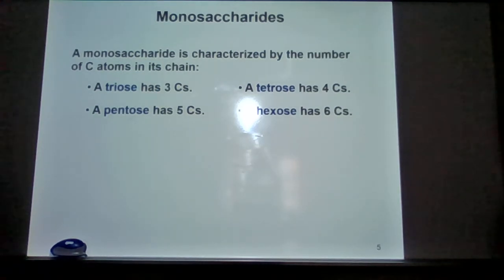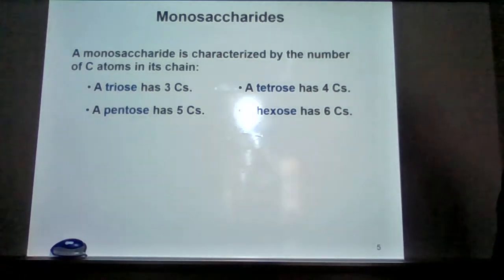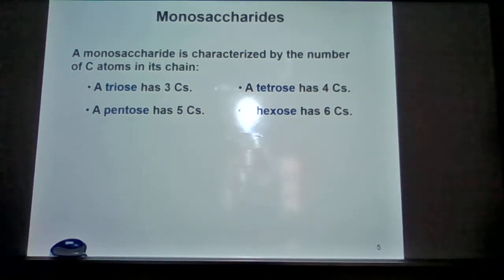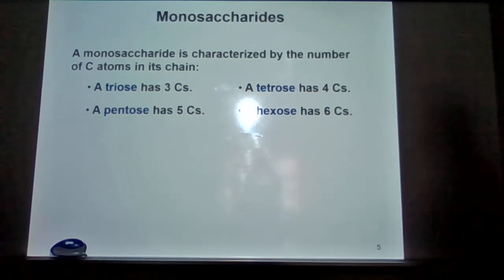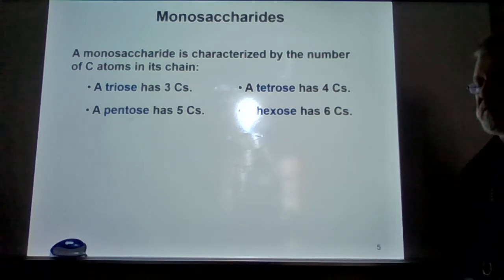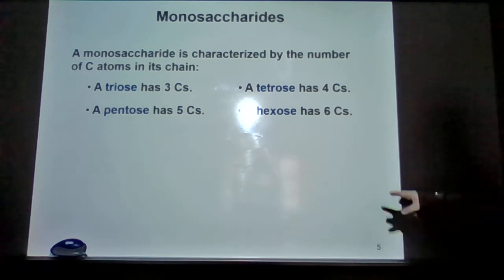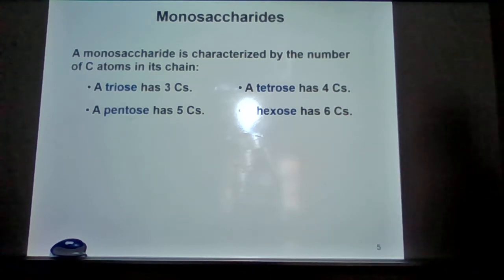We can further distinguish monosaccharides by the numbers of carbon atoms in their respective chains. A triose has 3 carbon atoms in its chain. A tetrose has 4 carbon atoms in the chain. A pentose has 5 carbon atoms, and a hexose has 6 carbon atoms.